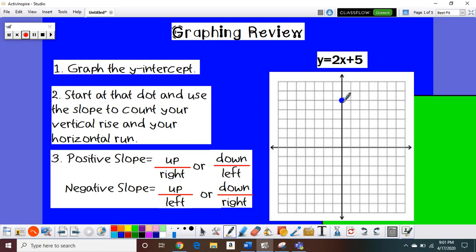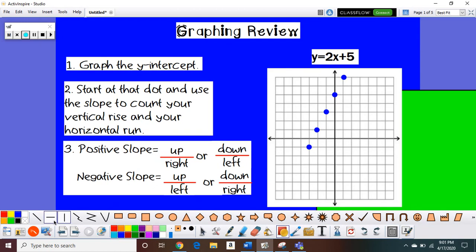In this case, I'm actually going to do both of those. My slope is actually 2 over 1. So I'm going to go up 2 to the right 1, and at that point I'm also going to go down 2 to the left 1. I can keep going by counting that down and to the left.